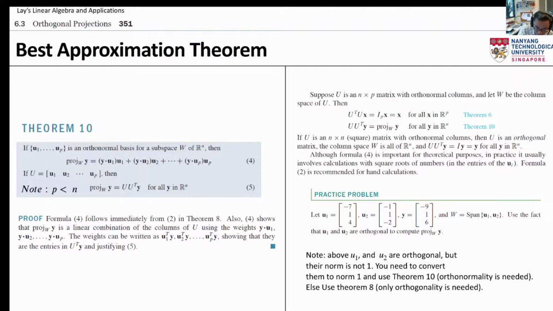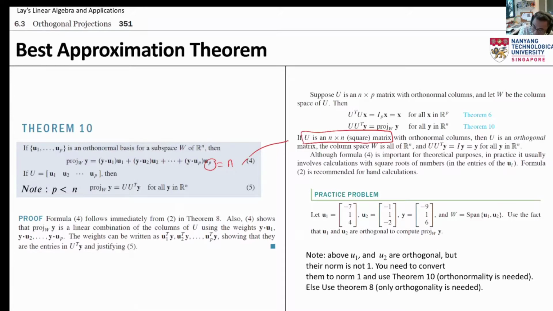In the case when we have P equals to N, that means we have enough columns. In fact, we have all columns that need to span the Rn space. Then U is an n by n square matrix.